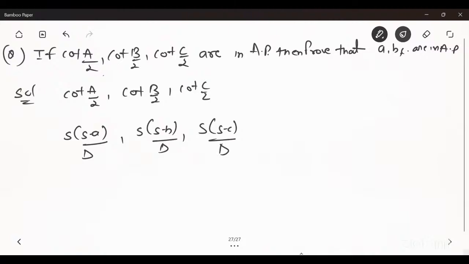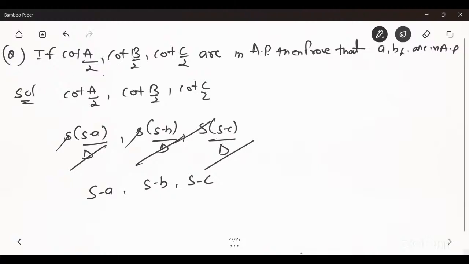Okay. So all the under roots will be cancelled, delta will be cancelled by delta, s will be cancelled by s. So we get s minus a, s minus b, s minus c.